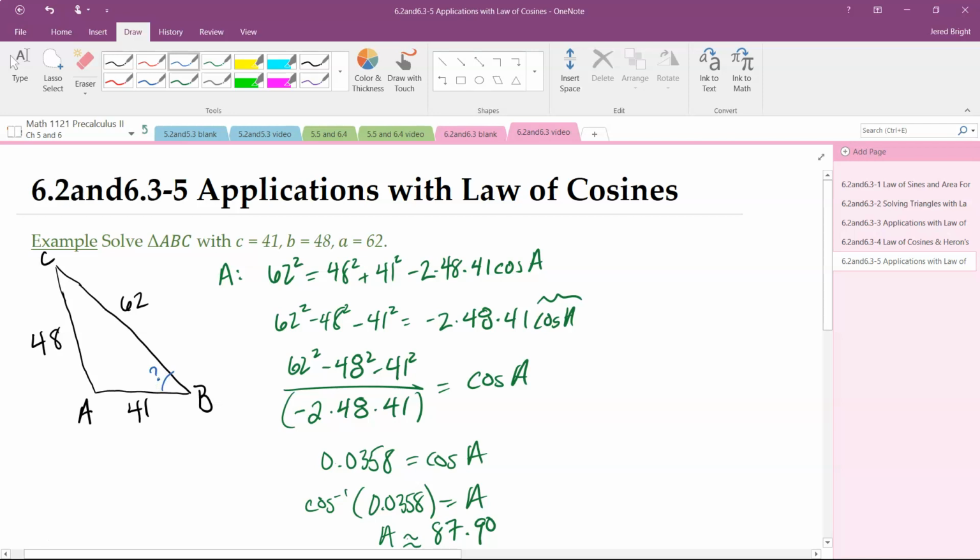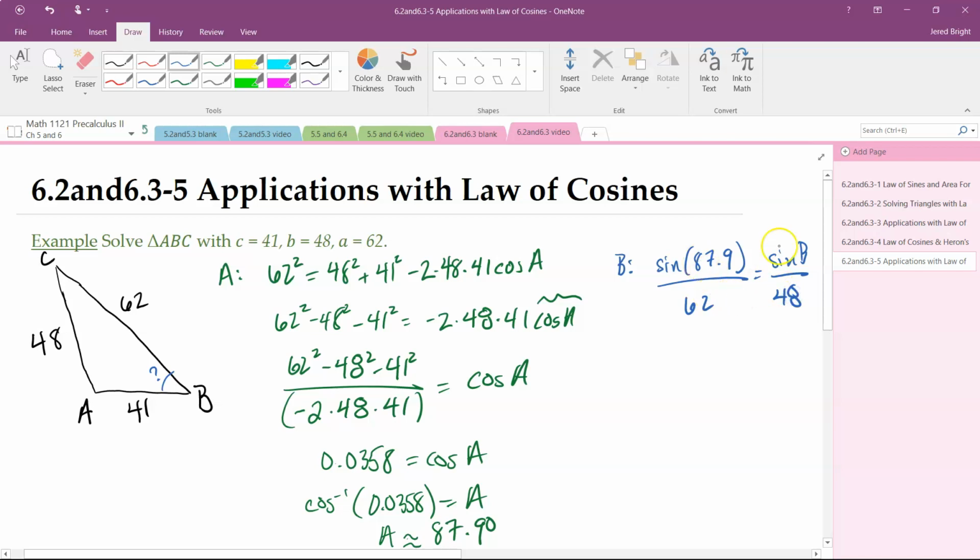Okay, and so there you can use law of sines or law of cosines again. I'm going to use law of sines just because it's going to be quicker for me. So I'm going to do sine of 87.9 degrees all over 62, so angle to side, is equal to sine of B over 48.